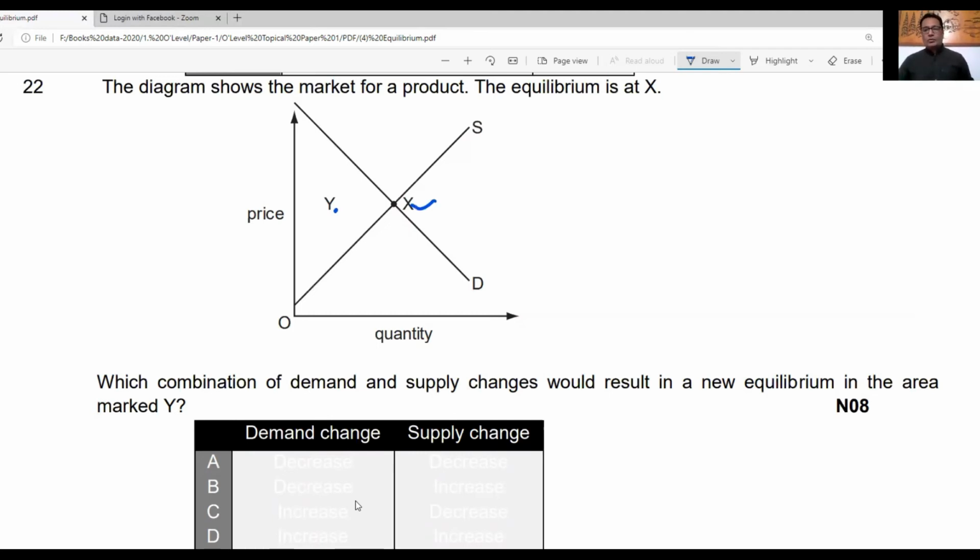Which diagram of demand and supply changes would result in a new equilibrium in the area Y? It means that we need new equilibrium somewhere at this point, at point Y. It means that demand should be somewhere at this point and supply should be somewhere at this point. So new demand and supply will intersect each other at this point Y.